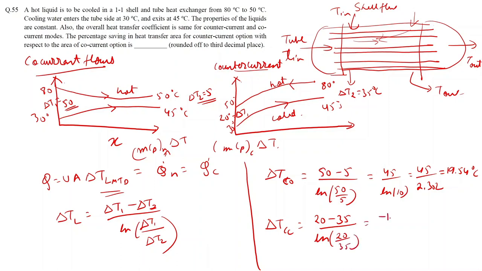So this will become minus 15 over minus 0.5596. This will come around 26.804 degrees Celsius. So for both of these co-current and counter current flows, we now have the log mean temperature difference.